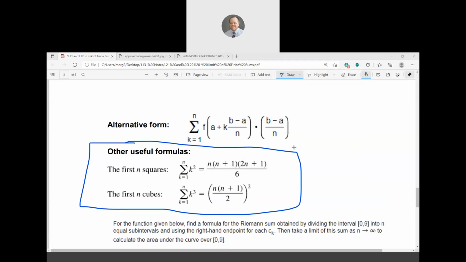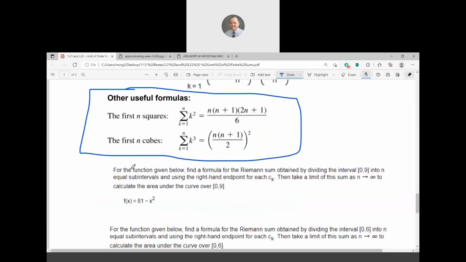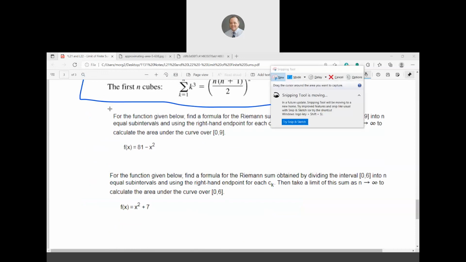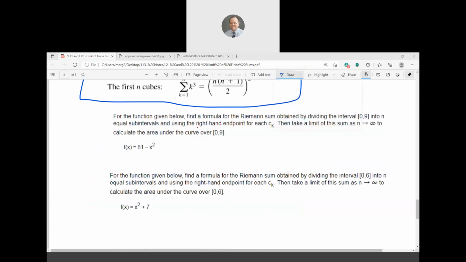So let me copy and paste it to our whiteboard, and copy and paste the first question. It does take a long time to find the area using this particular process.